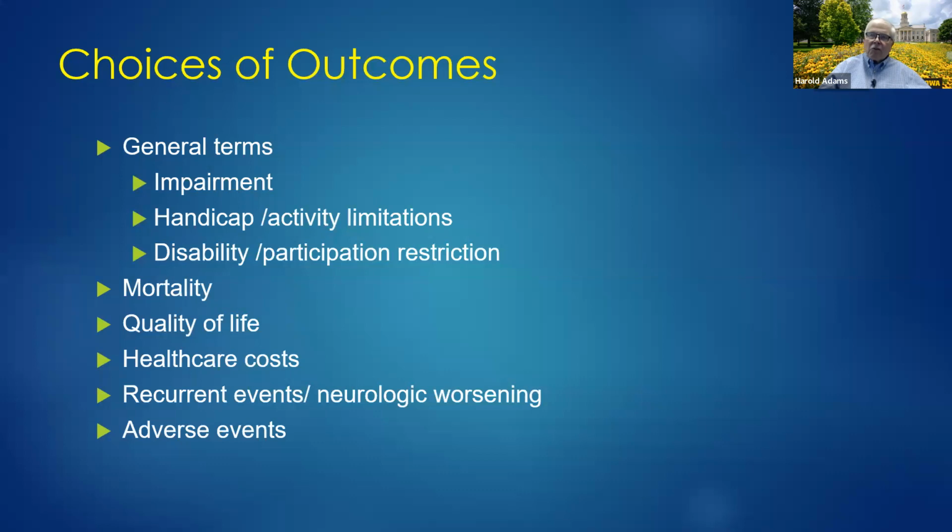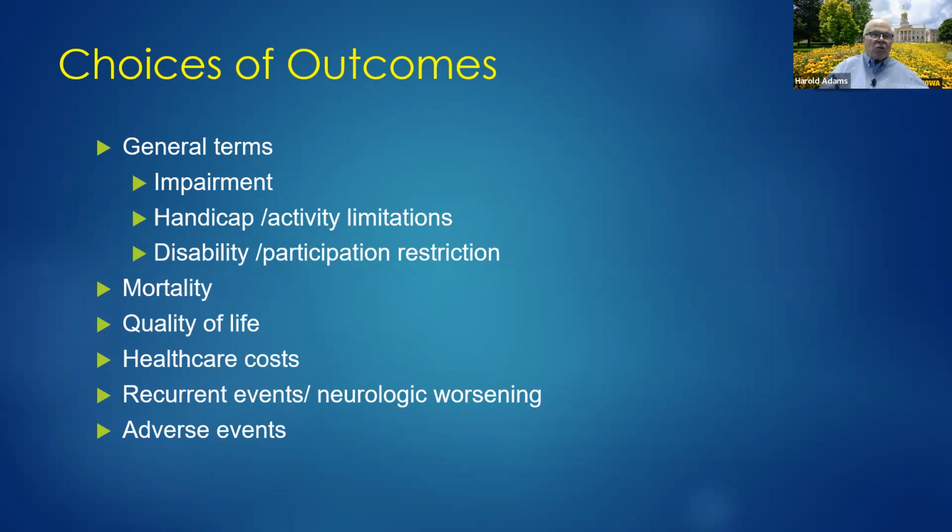Another outcome measure is mortality. And depending on the clinical trial, this may or may not be a good outcome measure. It may be a good outcome measure for evaluating patients with subarachnoid hemorrhage or craniocerebral trauma, but generally it's not a good outcome measure for most other neurologic clinical research studies.